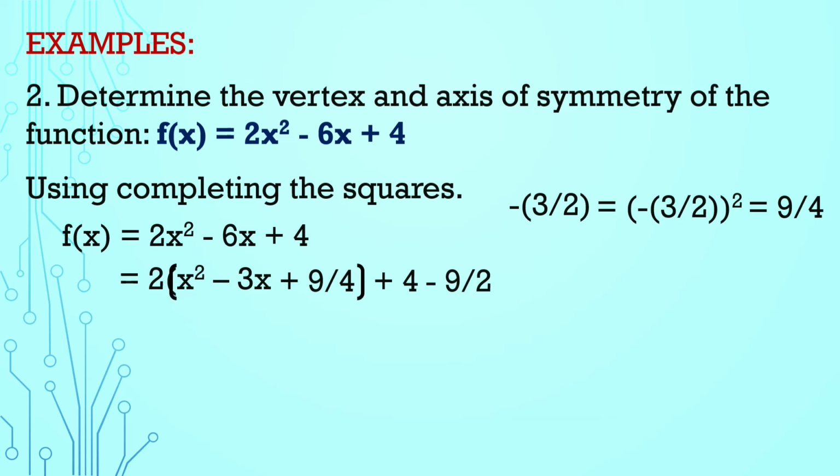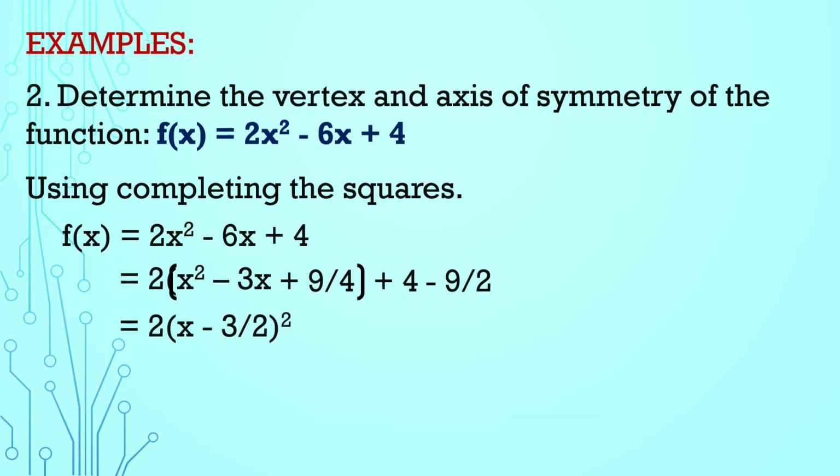And then, i-factor natin si x squared minus 3x plus 9 over 4. So, magiging 2 times quantity x minus 3 over 2 squared plus or minus negative 1 half. Kasi 4 minus 9 over 2 is negative 1 half.